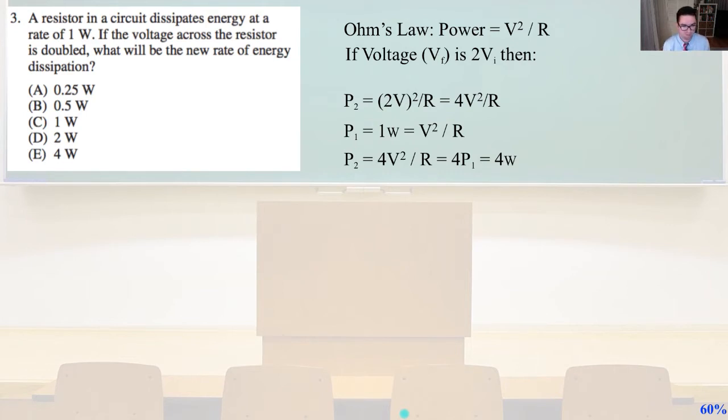Our initial power equals 1 watt, and that, remember, equaled the voltage squared over the resistance. So P2 is going to equal 4V squared over R, and that quantity is 4P1, P1 being the initial power, and that's 4 watts. And that is going to be letter, can you guess? E. Okay.